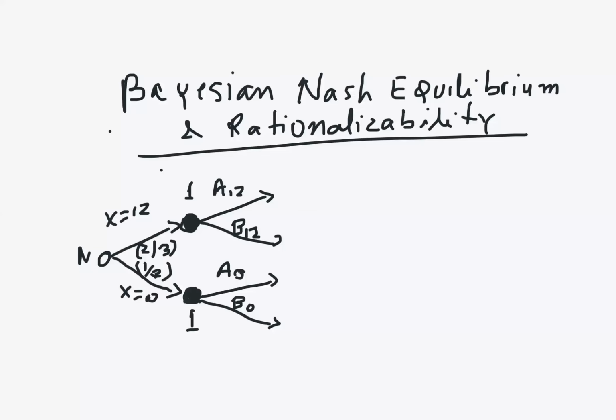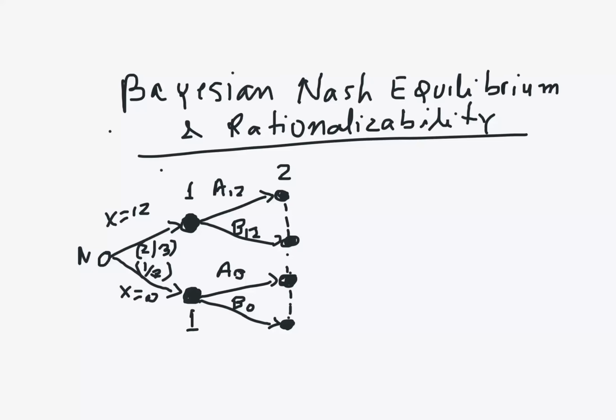And then player two is going to play, but player two does not know whether he is facing type 12 or type 0 of player one. So it's incomplete information in that sense. So you can connect these nodes with the dashed line to indicate that player two does not know which type he's playing against.